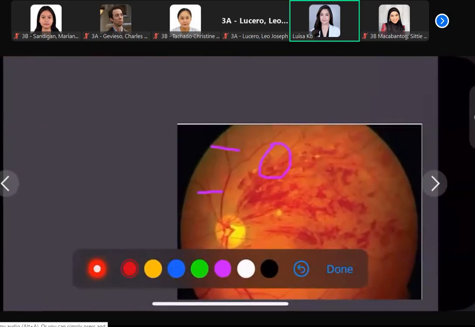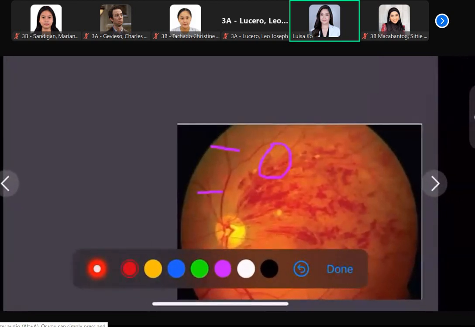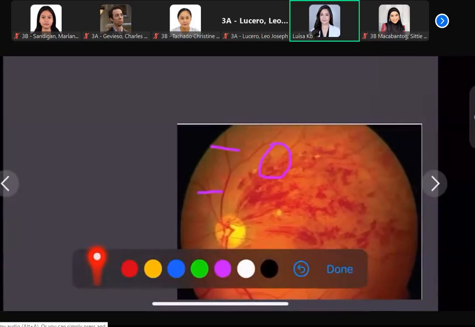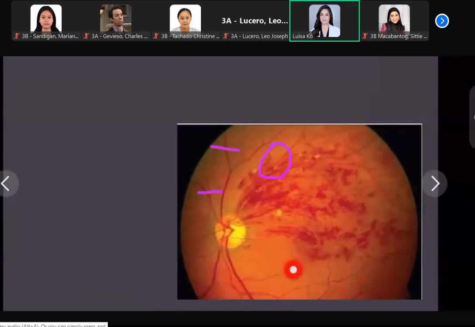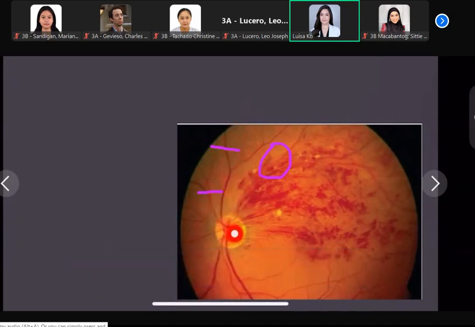But this one is the first branching. You look at this area. This is frustrating. But you get what I mean? This is what you compare. So this is the artery. This is the vein. Ideally, your artery should be smaller than your vein.